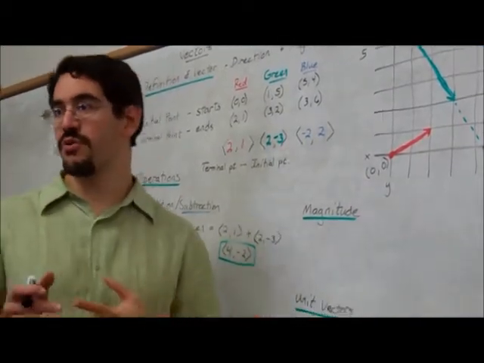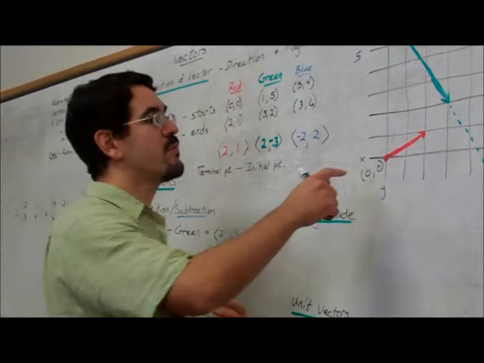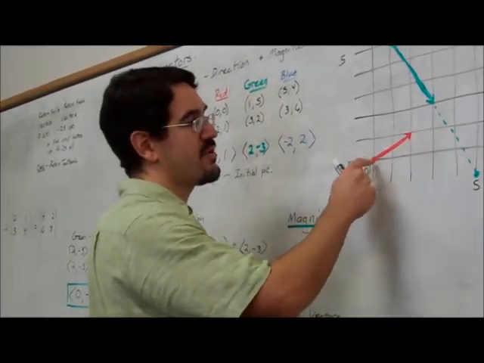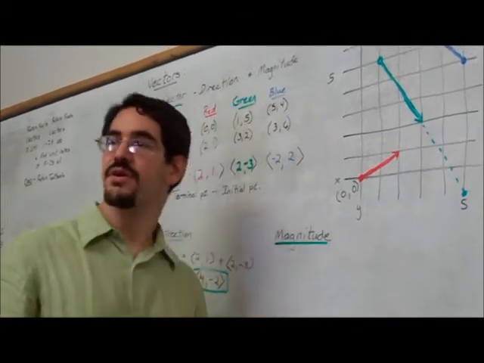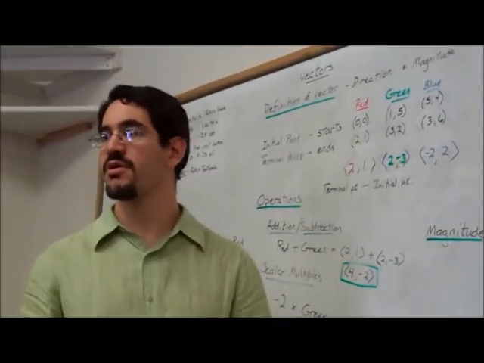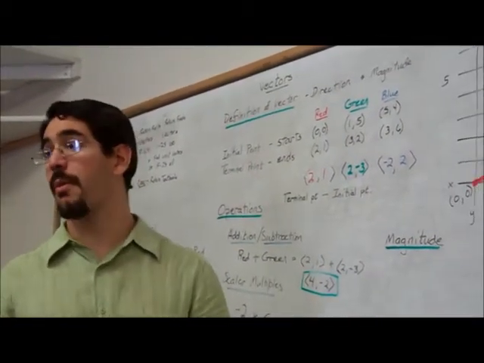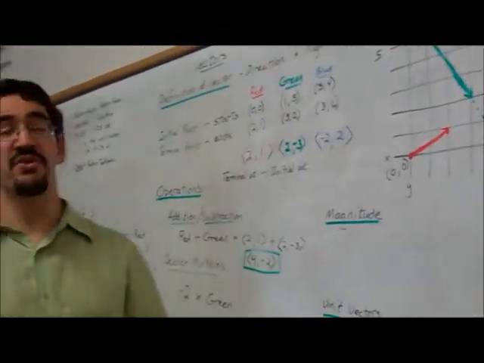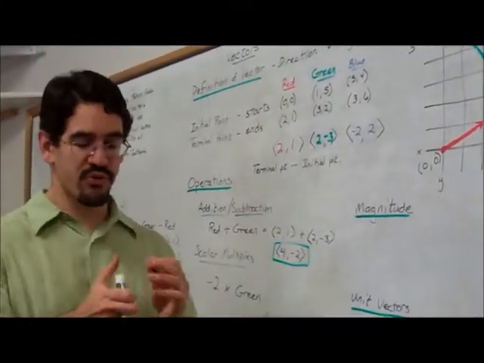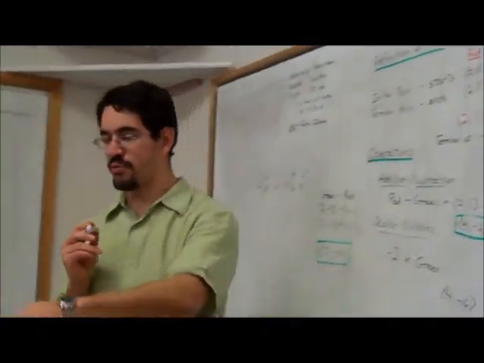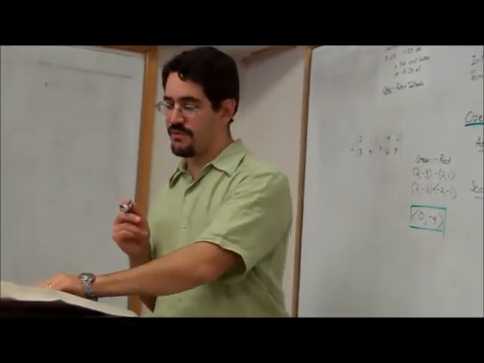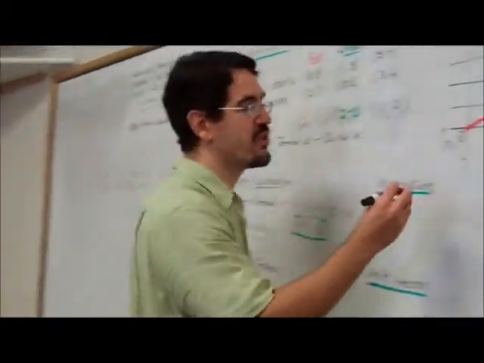I have a question for you. What is this shape right here, if I take this? It's a right triangle. You could use the Pythagorean theorem to come up with your magnitude. If you look in your book, they'll show you the notation we use for magnitude.